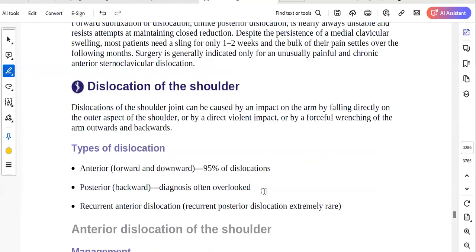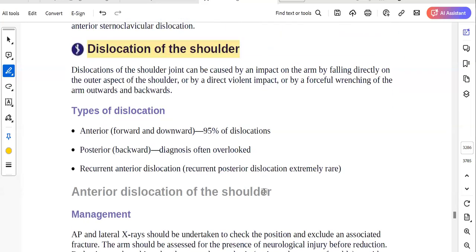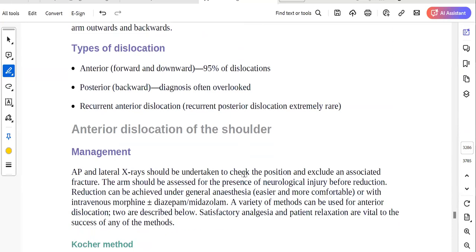Shoulder dislocation. Again, the mechanism of injury is the same. So the patient can fall on the outstretched hand. Sometimes a direct violent impact on the shoulder can cause a shoulder dislocation. In 95% of cases it is anterior dislocation, where the shoulder moves forward.